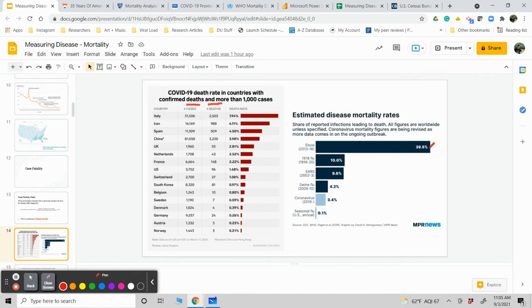We can also use it to compare the severity of different diseases. So Ebola is kind of a dreaded disease because of how severe it is. Outbreaks of Ebola from 2013 to 2016 have had a case fatality rate of about 40%, which is quite high. That 1918 flu pandemic, it's estimated to have a case fatality rate of around 10, meaning for every 10 people who contracted that disease, 1 died.